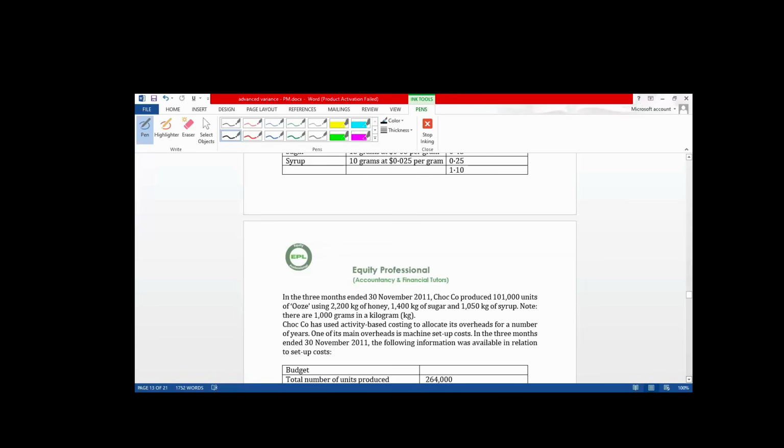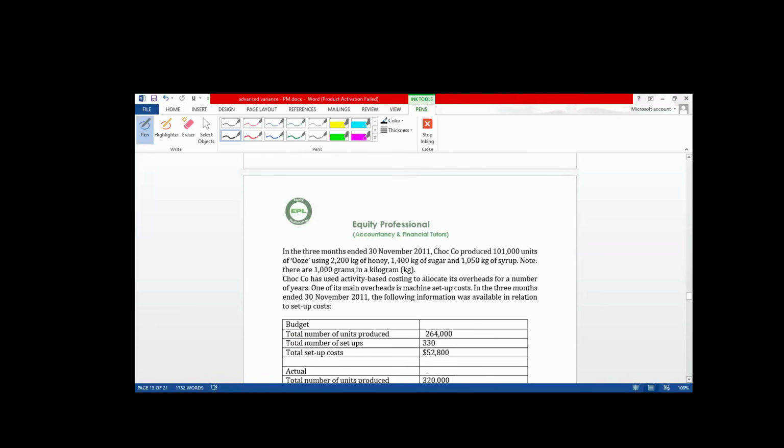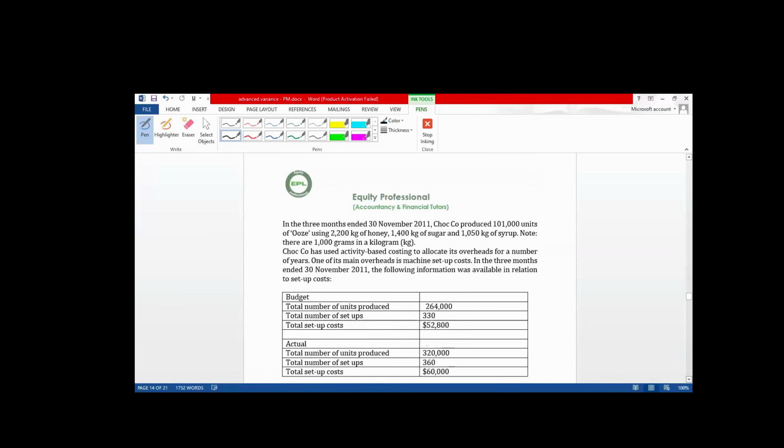Chokes and Co. has used activity-based costing to allocate its overhead for a number of years. One of its main overheads is machine setup cost. In the 3 months ended 30th, the following information was available in relation to the setup.